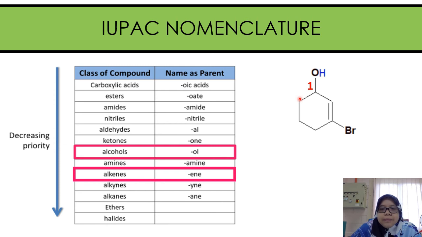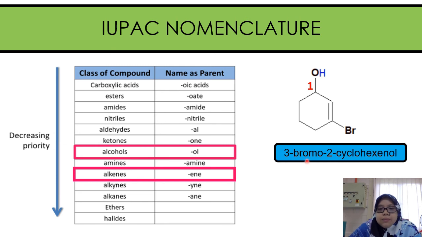For this one, the name is 3-bromo. 3-bromo means the location of bromine is at carbon 3, and 2 here is the location of the carbon-carbon double bond, 2-cyclohexenol. No need to put the position of the hydroxyl group. So 3-bromo-2-cyclohexenol.